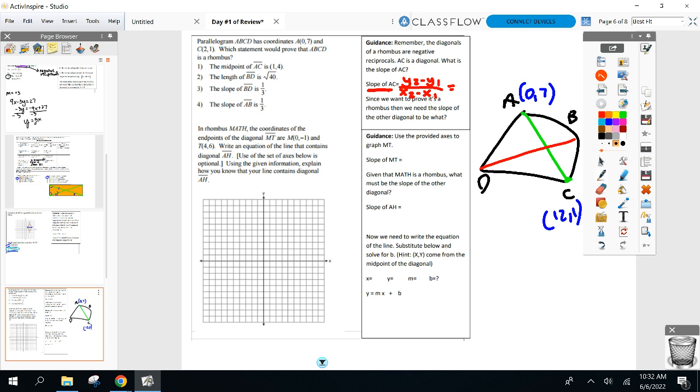Go ahead, plug your y's and your x's in. You got A and C to plug in. Y's on top, x's on the bottom. I'll ask somebody what they found the slope to be.